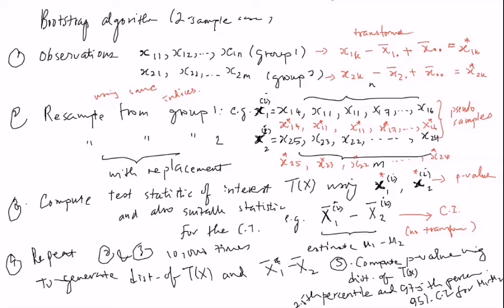Although bootstrapping can be, you can always design bootstrapping for complicated designs, right? But this design is the simplest one, the 2-sample case, all right? So the code has been shared with you, so you can make suitable modifications of it for the data set in question 2 and 3, all right? So that you can actually get your results, okay?